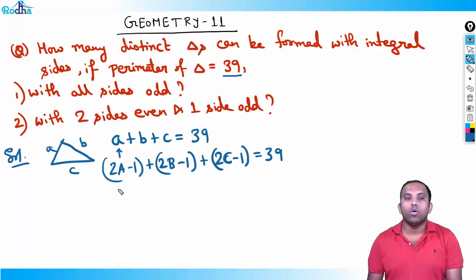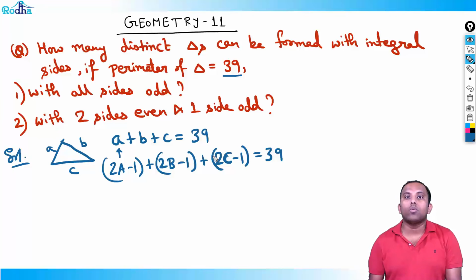Now, why have I taken 2A minus 1? Because I want to start from 1, not 2A plus 1. I want to keep A equal to 1, so at capital A equal to 1, small a will be equal to 1. Whatever value you put for capital A, small a will always be odd, starting from 1.